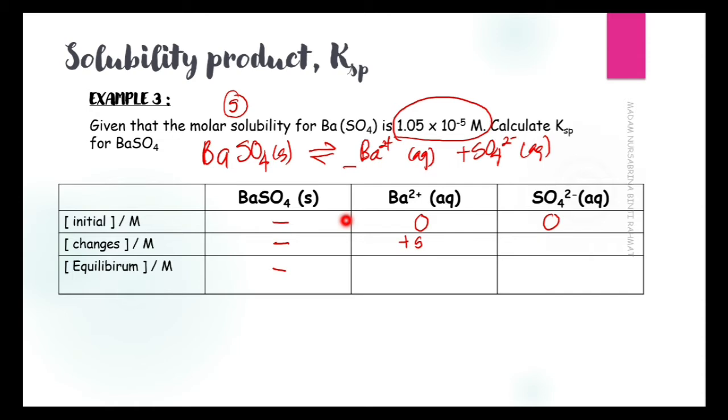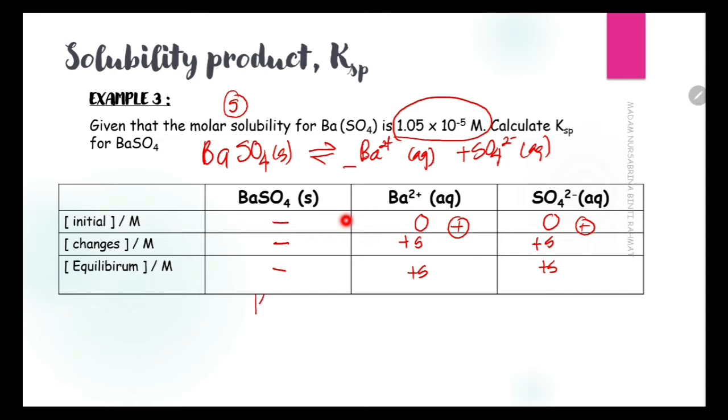If it's 2 moles, then 2S, or something like that. For my sulfate, it's positive S again. Equilibrium is simply initial plus changes, so plus S and plus S.